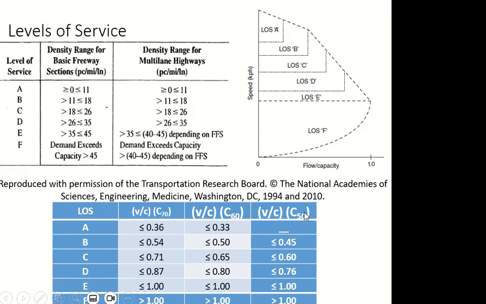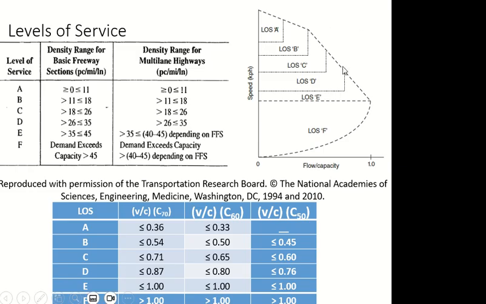In the old manuals this one was given, and some highway agencies are still using it because it is very easy. They already know the capacity because they designed the road, they just find the flow rate from the highway, take the ratio, and know the level of service. So it becomes very easy, with no need to find the free flow speed and everything.